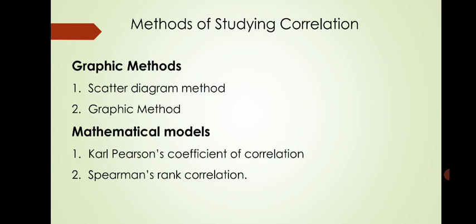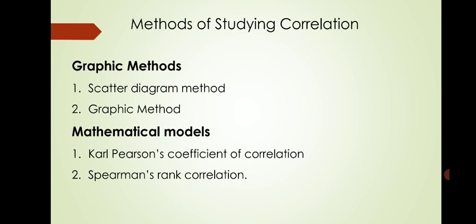These are some of the methods by which we can study correlation between two variables. The first method is graphic methods, or graph based methods, which include the scatter diagram method as well as the graph method. The second method is mathematical models, in which we express the relation in a numeric way, whereas in graphs we represent the change visually.